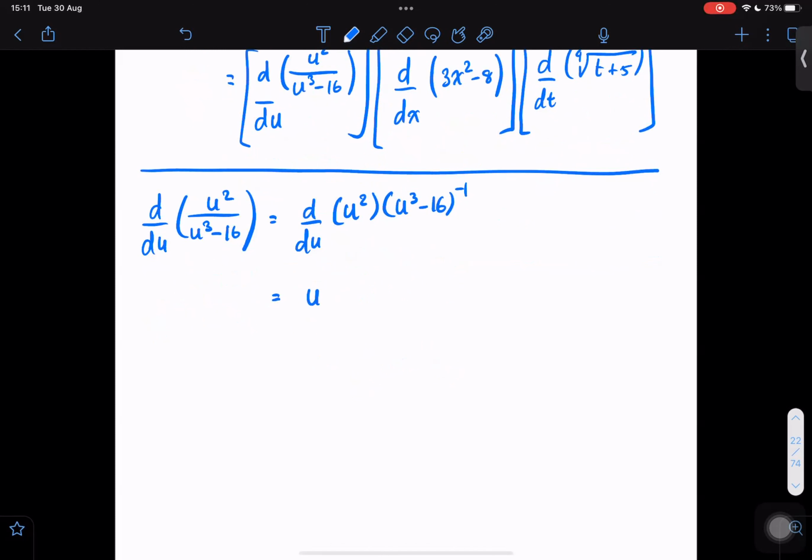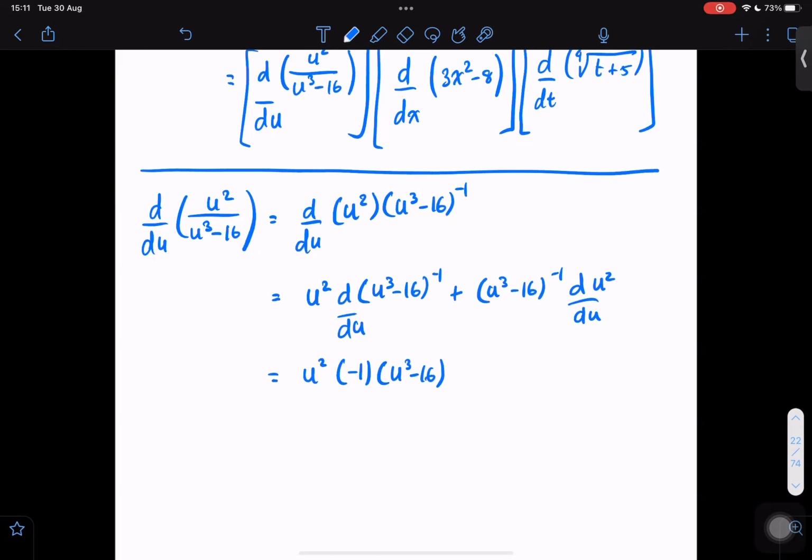So d of u cubed minus 16 by du, plus u cubed, d of u squared by du, and this thing will become minus 1 times u cubed minus 16 to the minus 1 minus 1 and d of u cubed minus 16.